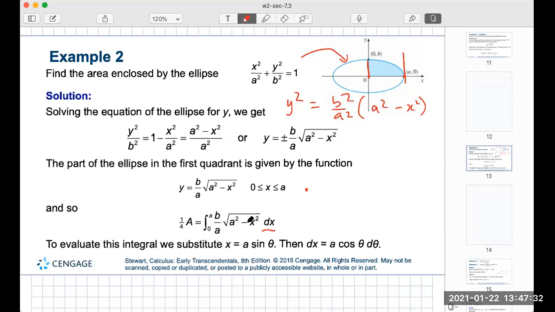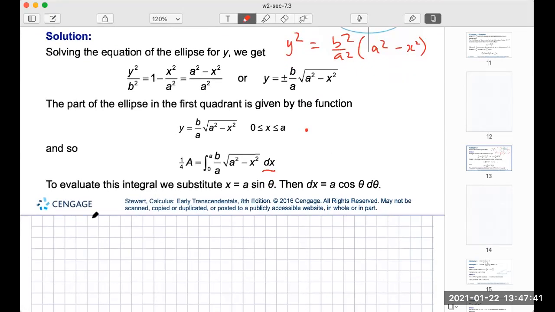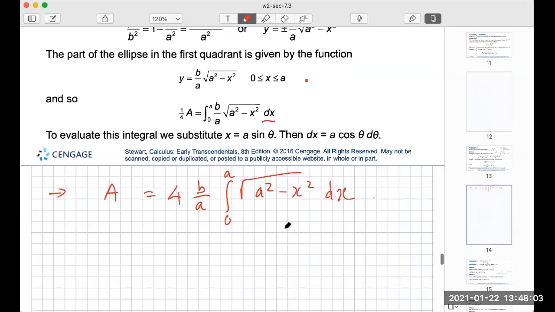Therefore, we have this form. a and b here are simply constants. So, can we rewrite the area if we multiply both sides and at the same time take b over a out of the integral? It becomes this, right?